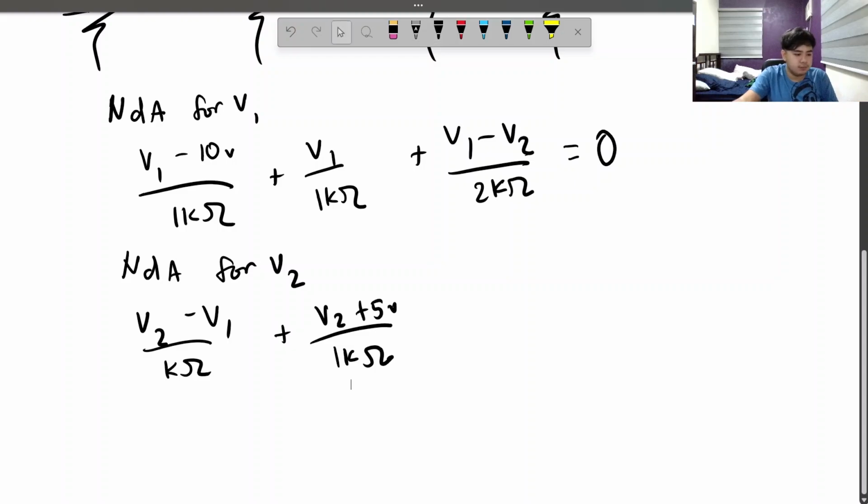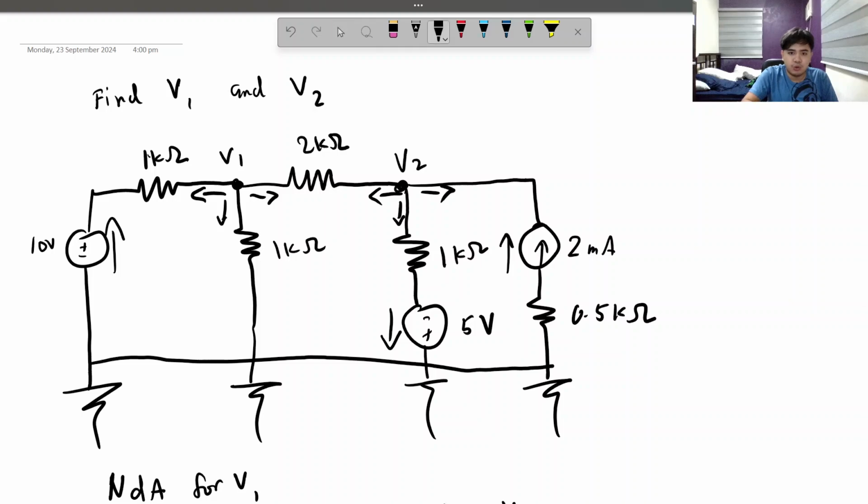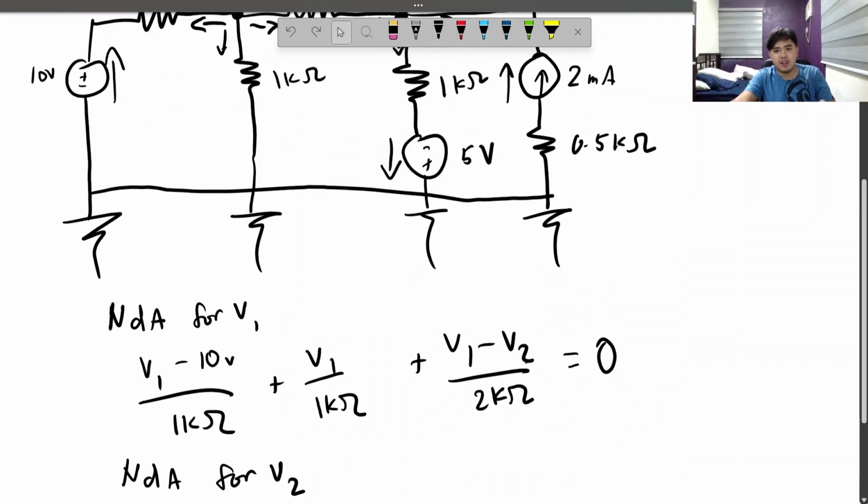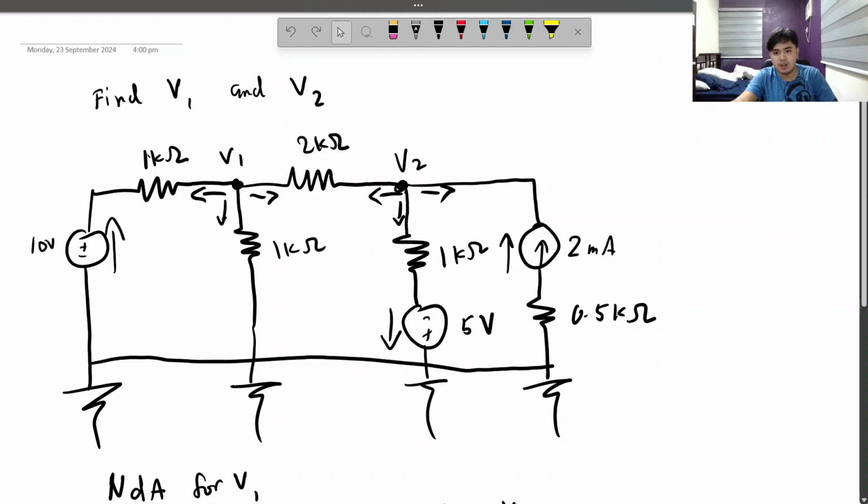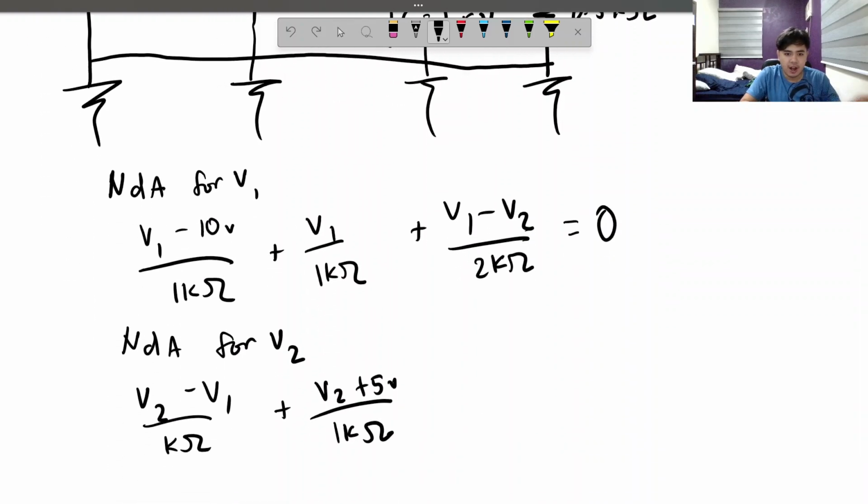And then we have to work with this. What current is going through here? Well, we are being told already that there is 2 milliamperes current going opposite of V2. So we need to subtract 2 milliamperes.